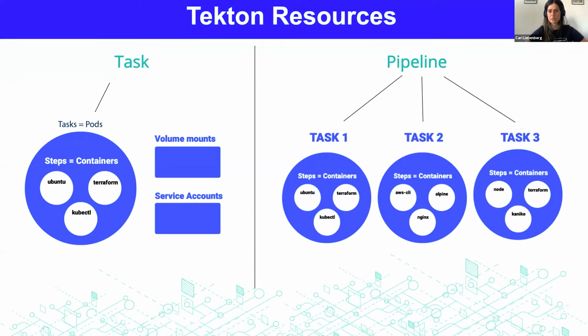They follow RBAC rules on Kubernetes. And this is one of the things that makes Tekton so powerful: you're leveraging Kubernetes, so you don't have to relearn a different pipelining system when you've already learned how to use Kubernetes. And if you look at the pipeline, a pipeline triggers each task as a pod. So when you trigger a pipeline, each task specified in the pipeline will equate to a pod running on Kubernetes.